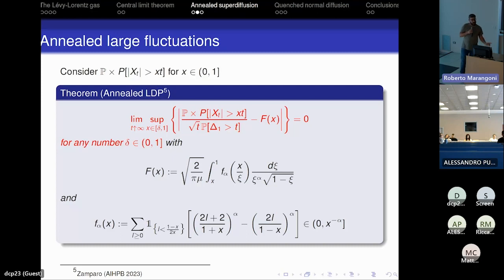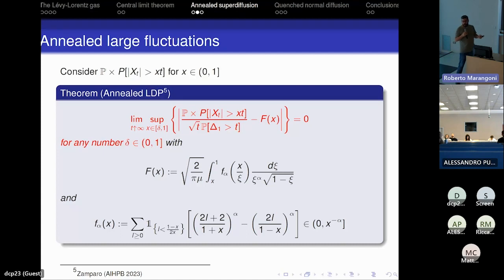But recall, the process of obstacles exploration is the simple symmetric random walk. So in a time t, you are able to explore a number of obstacles which is of the order of the square root of t. So the square root of t you see here is the number of obstacles that the particle can experience up to time t. And then you have the tail probability of delta 1.